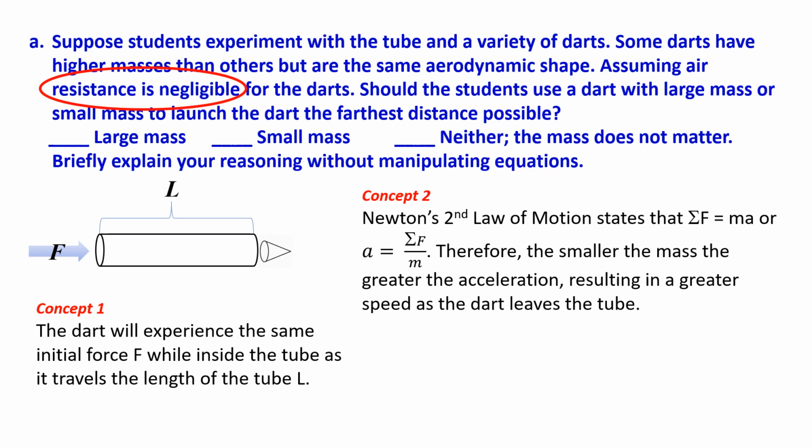But since the force is kept constant, the length of the tube will be kept constant. So the only way that we can increase the acceleration is to decrease the mass, resulting in a greater acceleration according to Newton's second law of motion.